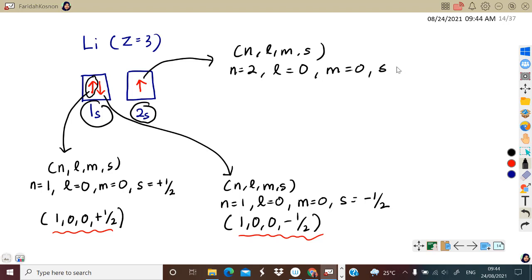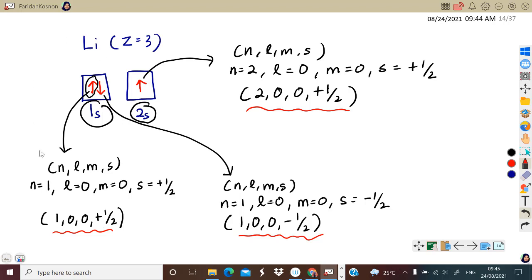Spin, electron spin quantum number s, positive half. So if I write it as a set: 2, 0, 0, positive half. So you can see here, these three sets are not the same. So this is the location of the electrons of lithium.